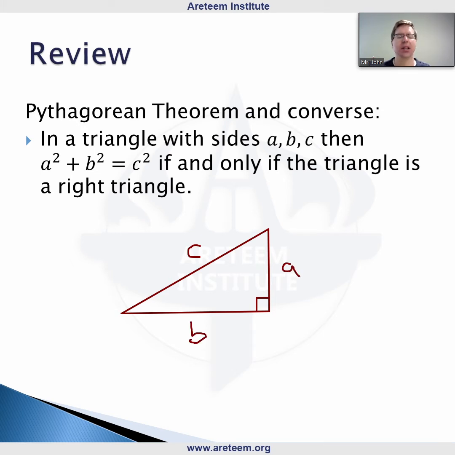So we have this picture of a triangle, and the magic mathematical expression is a squared plus b squared equals c squared. If you know it's a right triangle, then we know a squared plus b squared equals c squared. And if you don't know it's a right triangle, but you know a squared plus b squared equals c squared, then it actually has to be a right triangle.